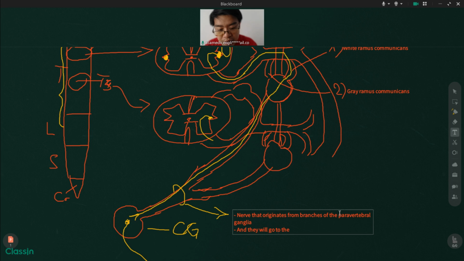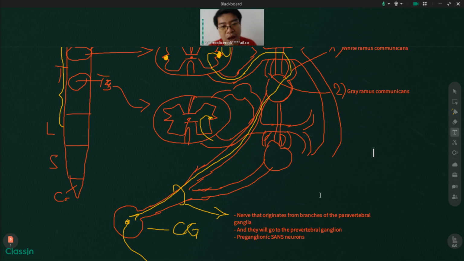To the prevertebral ganglia. And what type of fibers, what type of neurons are going to be contained within these splanchnic nerves? Preganglionic, not postganglionic, preganglionic sympathetic neurons.